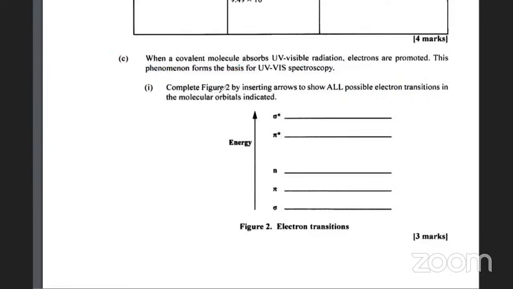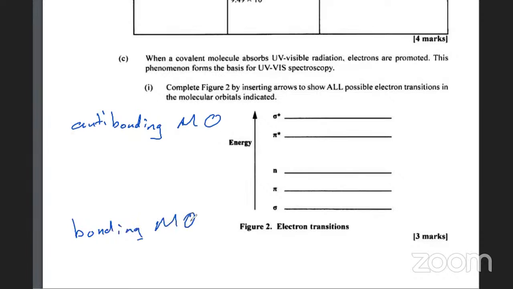So when a covalent molecule absorbs UV-Vis radiation, electrons are promoted. This phenomenon forms the basis for UV-Vis. In UV-Vis, we have antibonding molecular orbitals and bonding molecular orbitals.